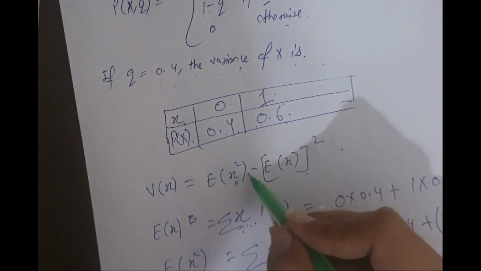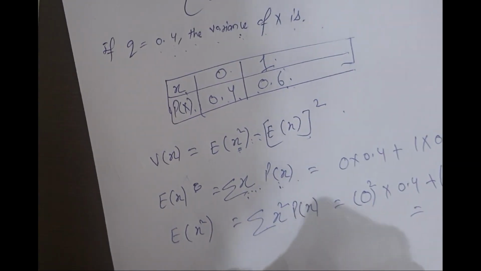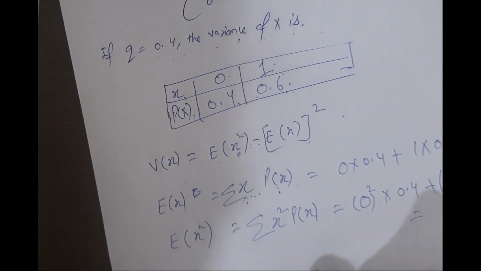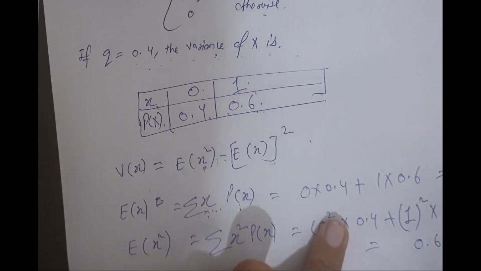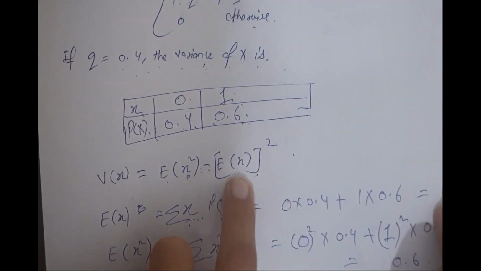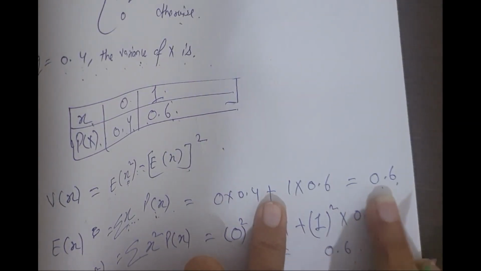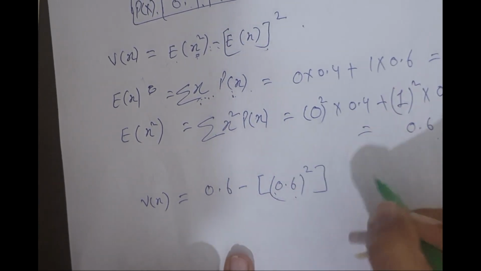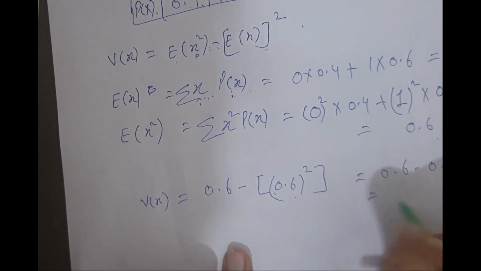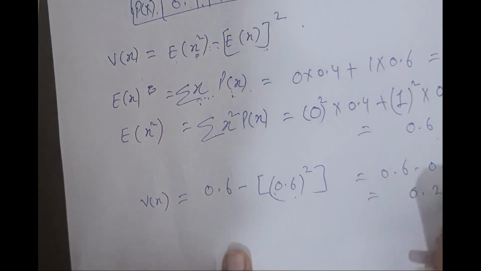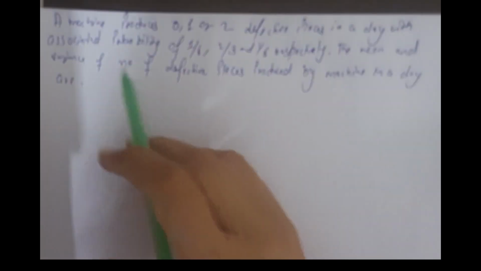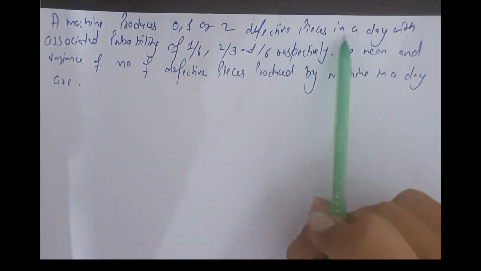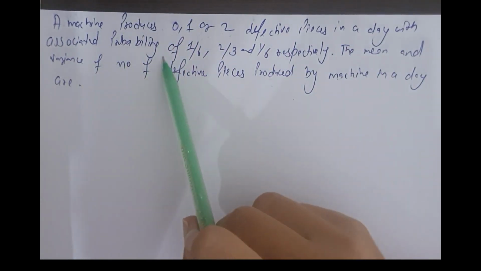Now put this in the formula, that is variance: Ex square is 0.6 minus Ex whole square. Ex is 0.6, so 0.6 whole square. The answer will come out to be 0.24. This is the answer.